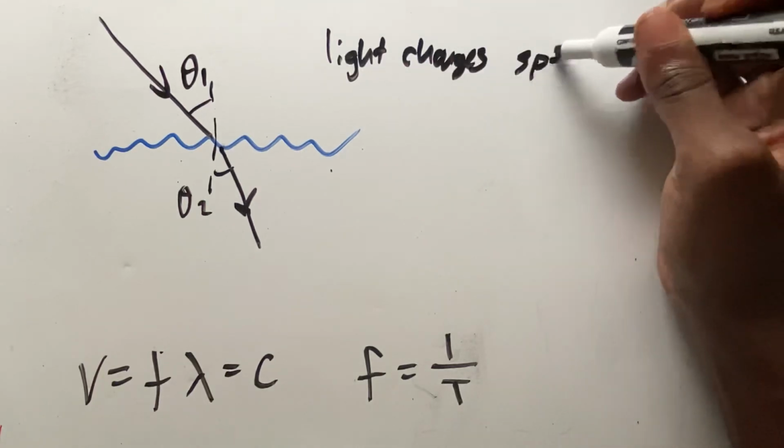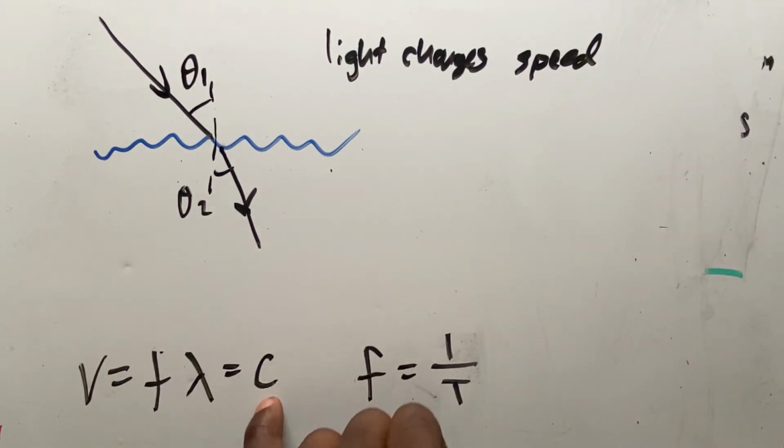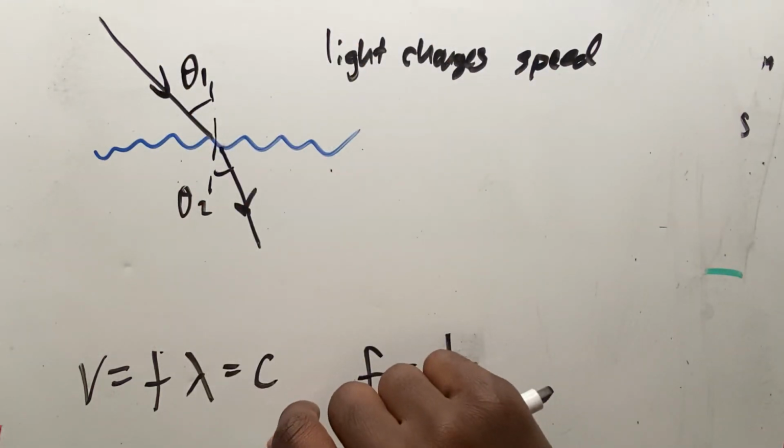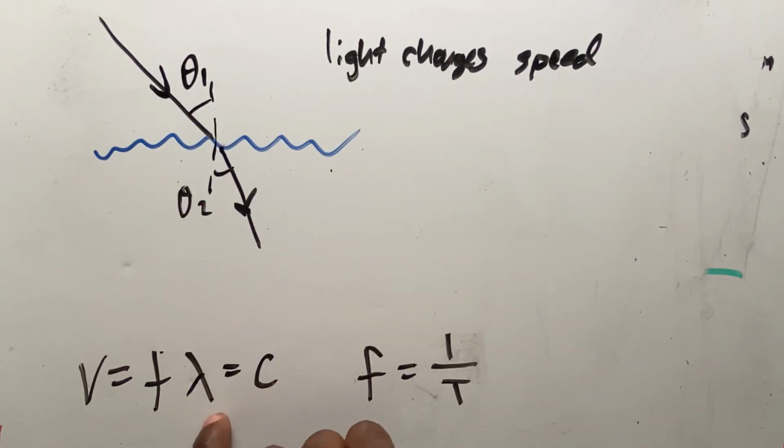So since the light changes speed, the speed of light changes, but the wavelength stays the same. The frequency changes, but the wavelength is actually going to stay the same.